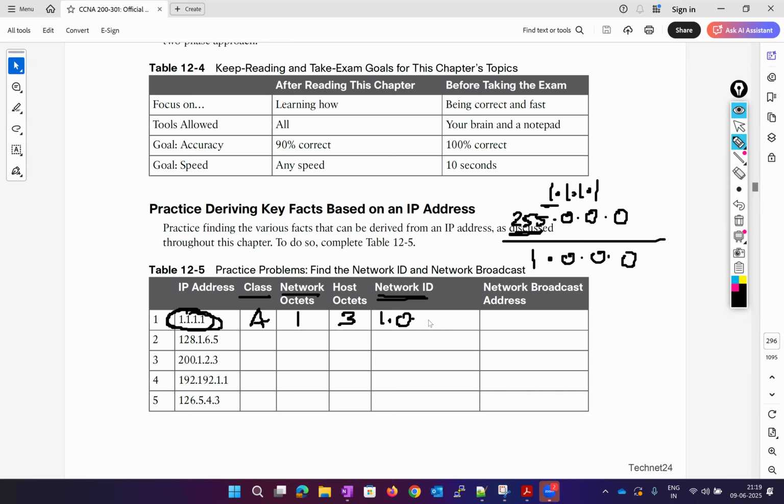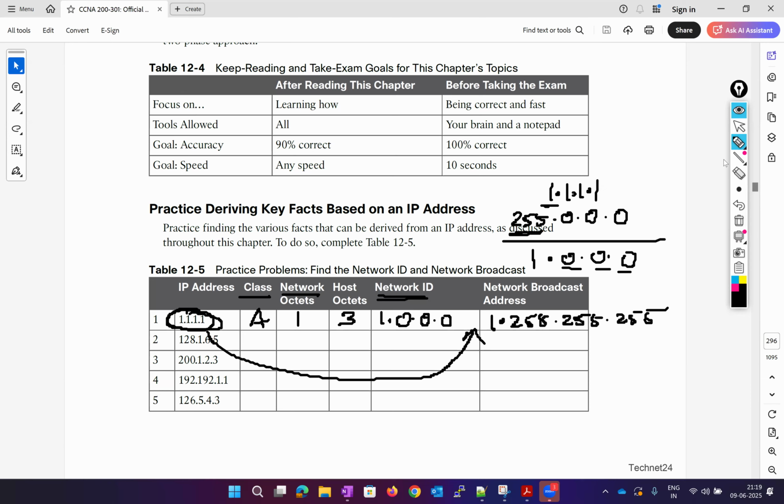So this becomes your network ID. What is a broadcast ID? Replace these zeros with 255. This is your broadcast ID. So your 1.1.1.1 lies in between these two addresses, the network ID and the broadcast ID.